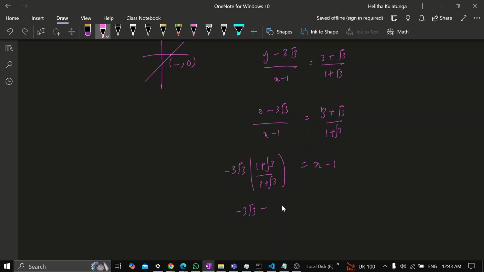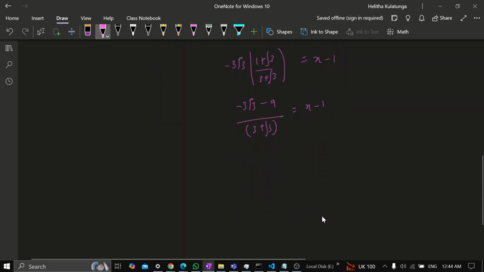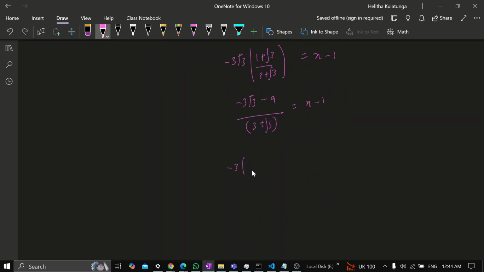So 3 times 3 is 9, and we can basically just say this is equal to x minus 1. Then I can take minus 3 outside, and these two will cancel off, and I will have x minus 1 and minus 3 equal to x minus 1, where x is equal to minus 2.